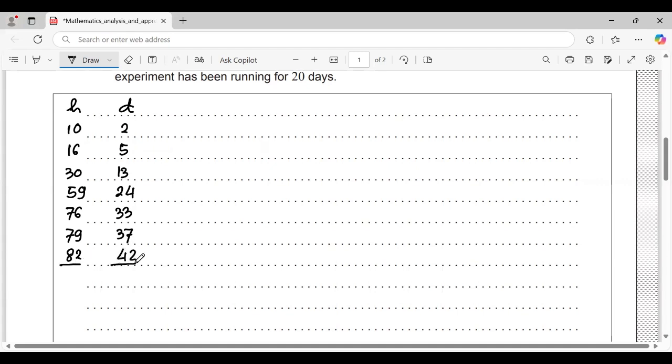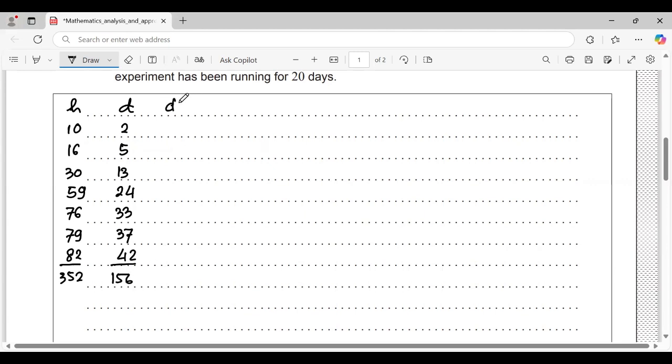And if you add all this data, the sums are 352 and this one 156.